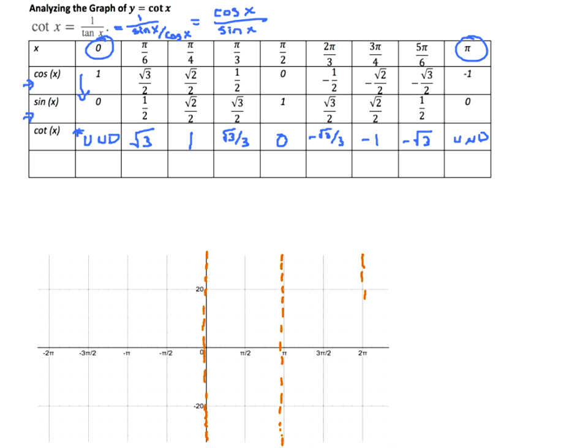So that's just one period of it. I could continue. I could go through another period, and that would be at 2 pi. Every one period, we're going to have another period of the cotangent function.